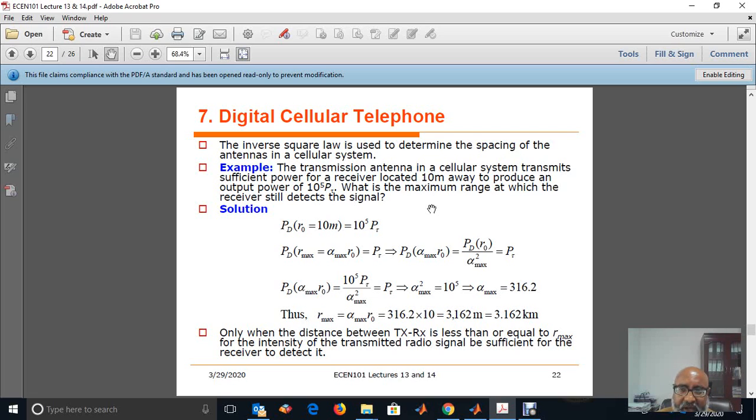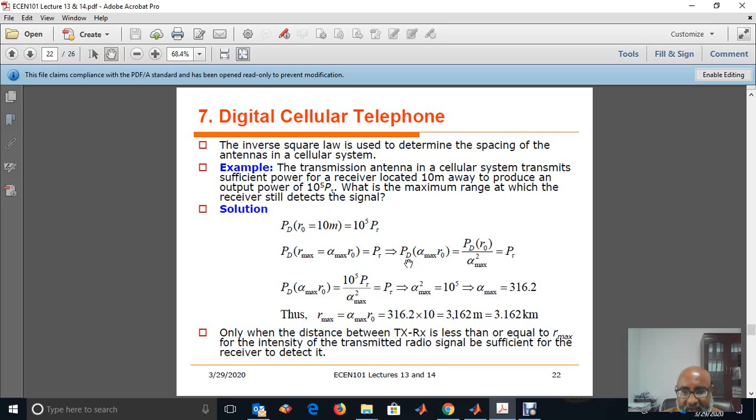What is the maximum range at which the receiver still detects the signal? Remember, the 100,000 times P tau is the power at the reference distance R0. So at the maximum range, I will have P tau.